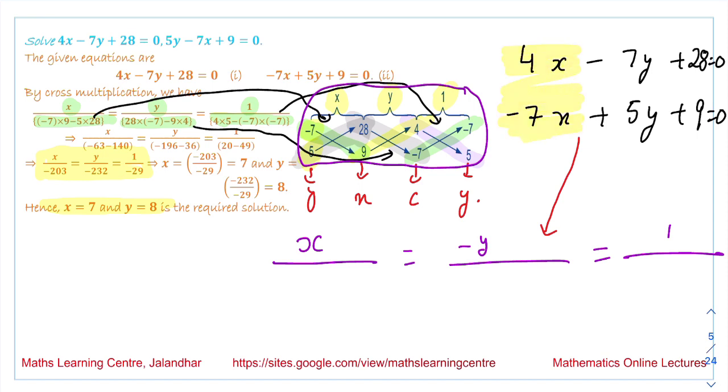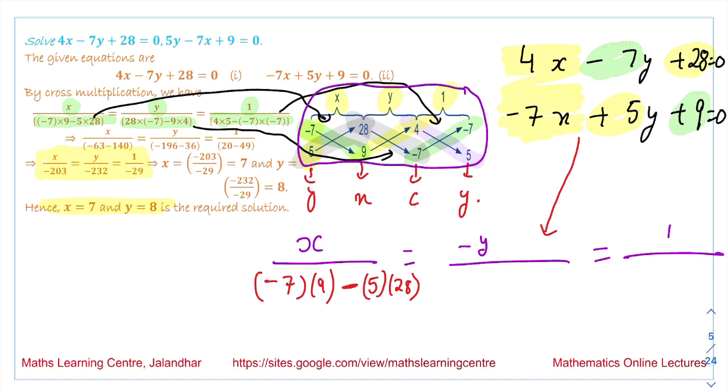Now the coefficients over here, it is minus 7 into 9 minus 5 into 28. We are talking about this term over here, it is 5 into 28.